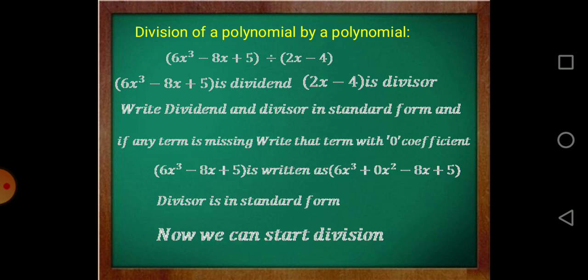Now, the dividend and divisor are ready and now we can perform the division. So, before performing division, we should remember these 2 points, that it should be in standard form and every term must be there. If it is not there, insert it.